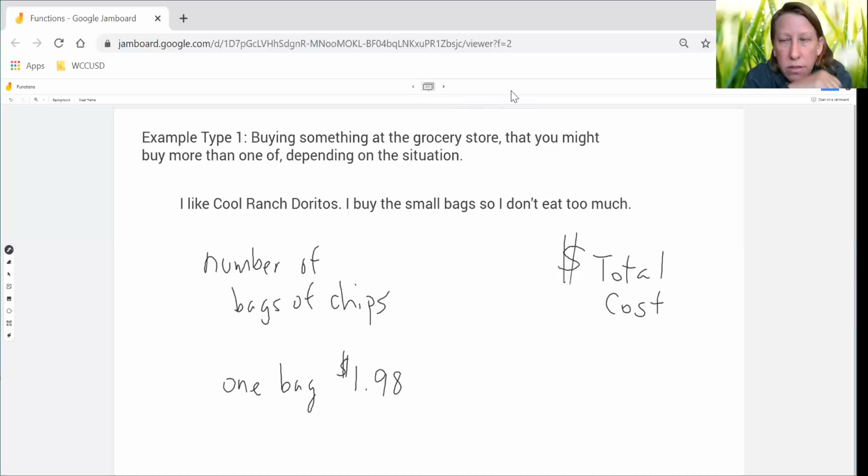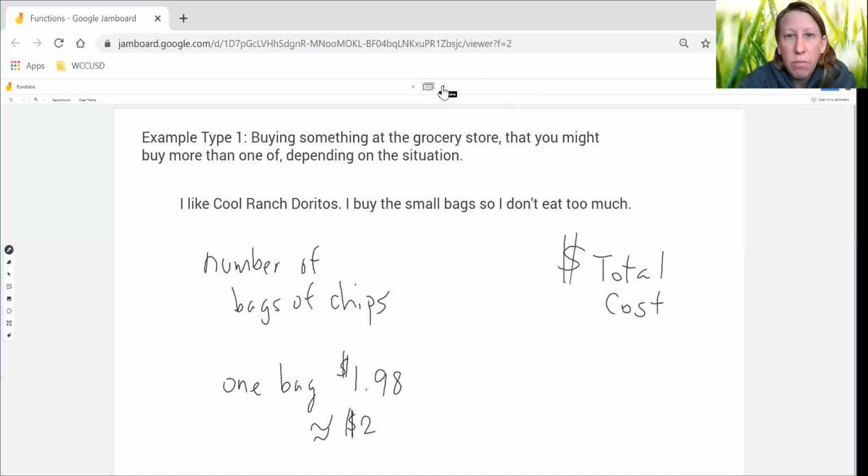Okay, one of those little bags of Cool Ranch. Do you think if we're doing a math model that $1.98 is better, or should we round that? I think rounding it just to play with the numbers and think of this is gonna make this easier for us. So I'm gonna say it's about $2 per bag of chips. That'll make the numbers easier to play with in our minds.